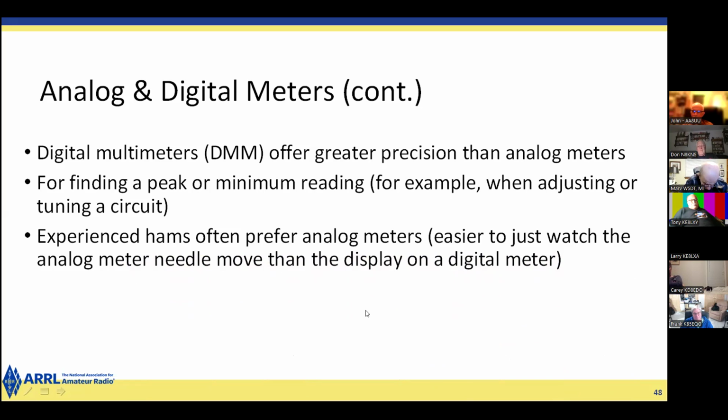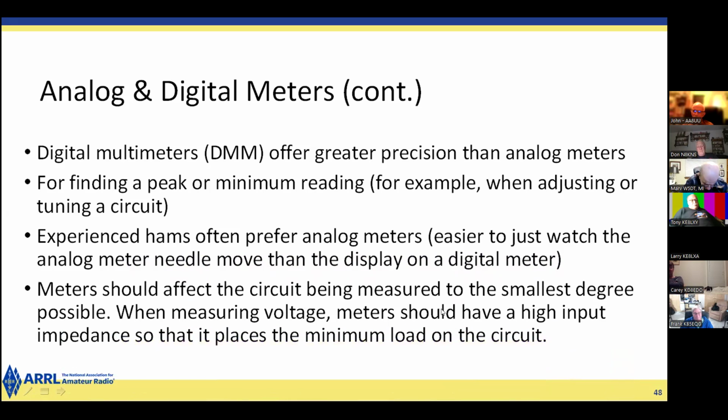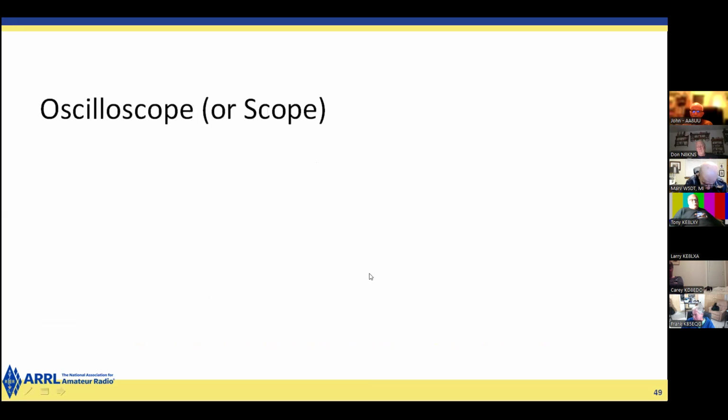Oh yeah. And some of it's how the digital meter's set up. Some meters roll better than others in the digital mode. Meters should affect the circuit being measured to the smallest degree possible. Okay. When measuring voltage, meters should have a high input impedance so it places minimal load on the circuit. Okay.